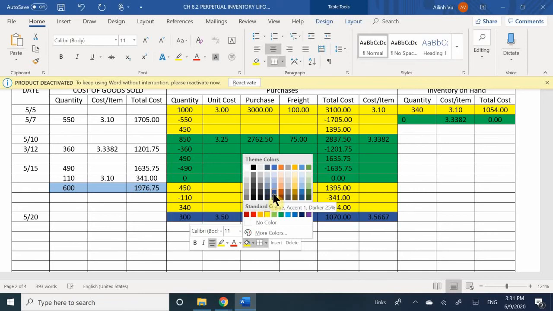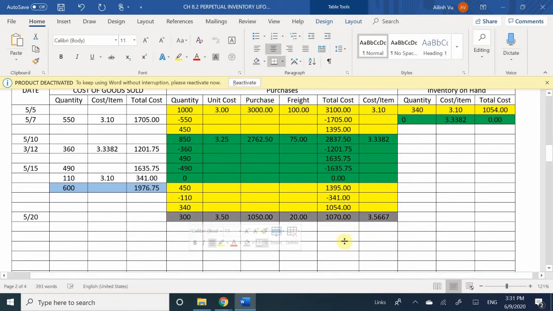If you want to use gray, I'll accept that. Is everybody happy with that? Gray's fine. It doesn't matter, it's just whatever colors. So now we have a gray batch.